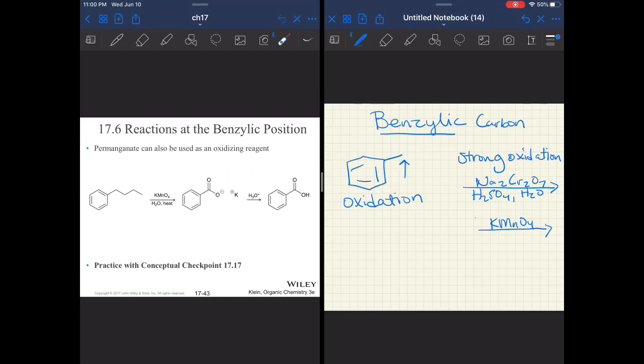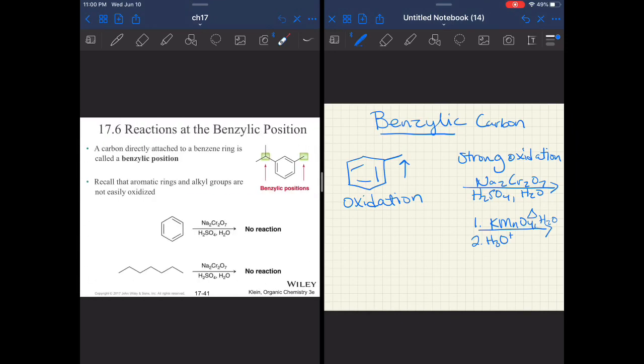That one will often be paired with water and heat. And then you usually need an acid workup to protonate the carboxylic acid product. But these are the two reagents that you might come across. You might also see Jones. This is the one I usually test over, so make sure you know that set of reagents.